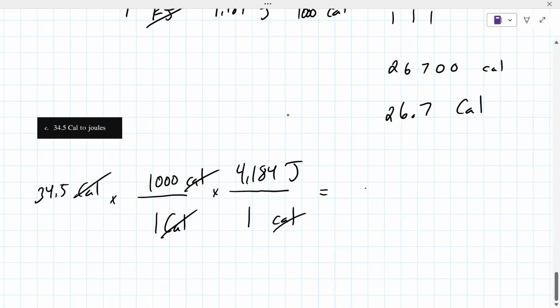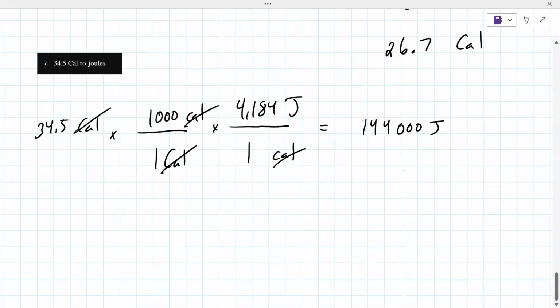Exactly, straight all the way through. For this one, it's four significant figures, right? Three. The 34.5 is the limiting one. All right, so I got 144,000. Yeah.